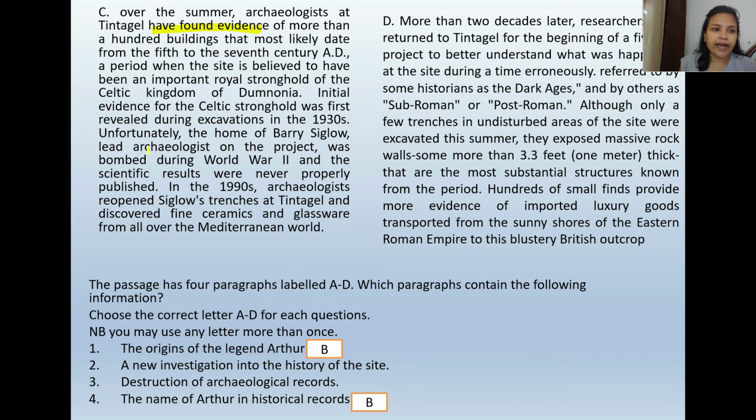Unfortunately, the home of Ralegh Radford, lead archaeologist on the project, was bombed during World War II, and the scientific results were never properly published. In the 1990s, archaeologists reopened Radford's trench at Tintagel and discovered fine ceramic and glassware from all over the Mediterranean world. That means a new investigation into the history of the site.